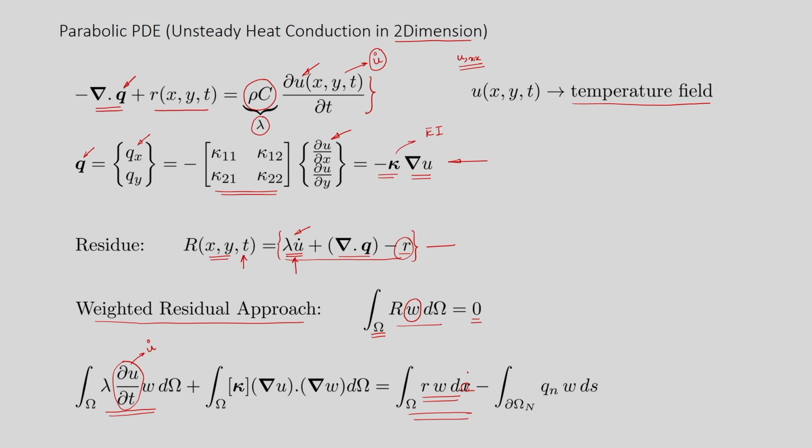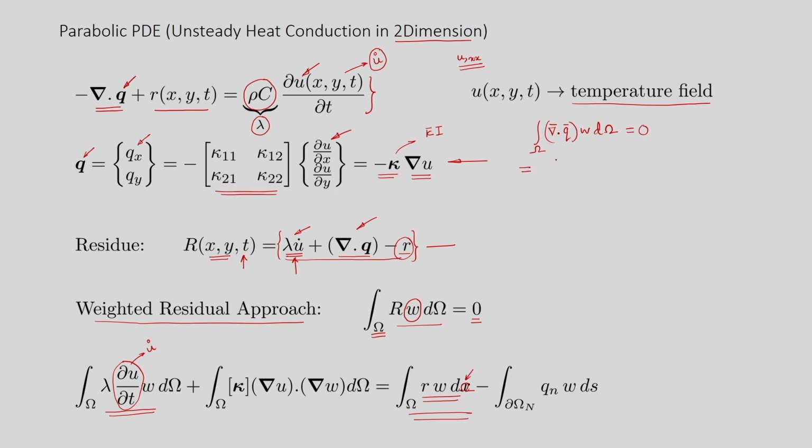Now, the only term that is left is basically del dot q. So, we have integration over del dot q into w d omega, integration over the domain is equal to 0.